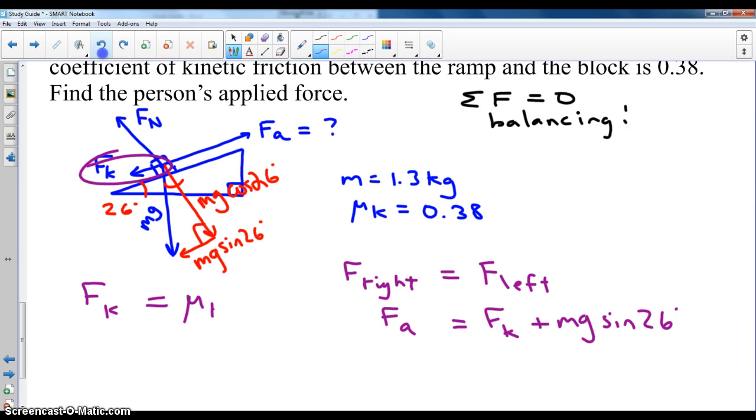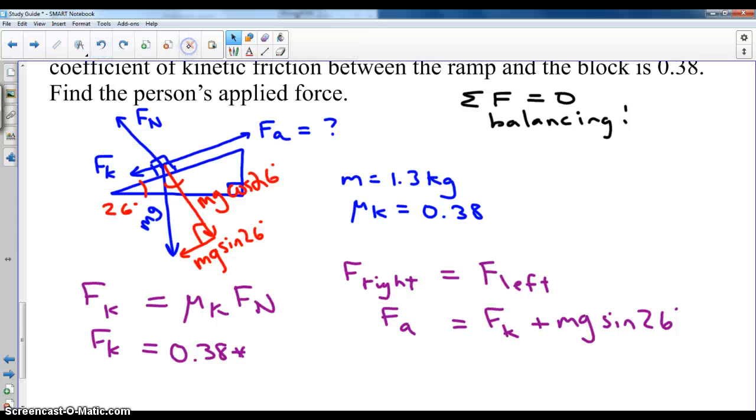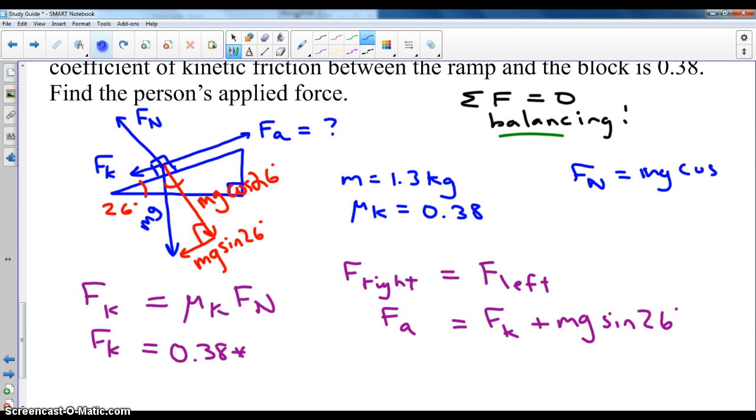So let's find Fk. It's equal to mu times the normal force. And mu we know, it's 0.38. What about the normal force? Well, the normal force is an up force. We have balancing, right? So the up force balances the down force. Those are equal. Fn balances mg. It equals mg cosine the angle.